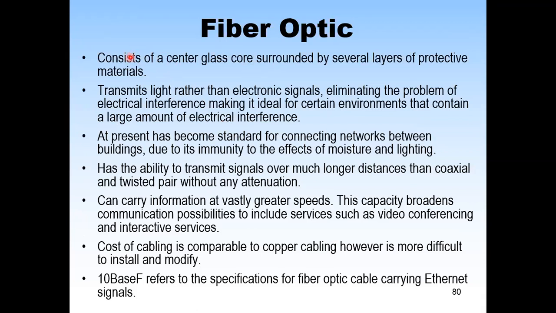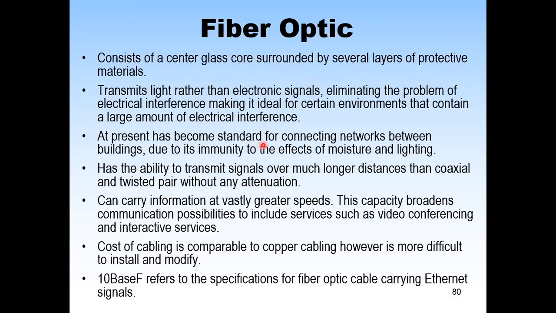Inside the clad we have the core, and the data travels through the core in the form of light. It transmits light rather than electronic signal, eliminating the problem of electrical interference, making it ideal for environments that contain a large amount of electrical interference.